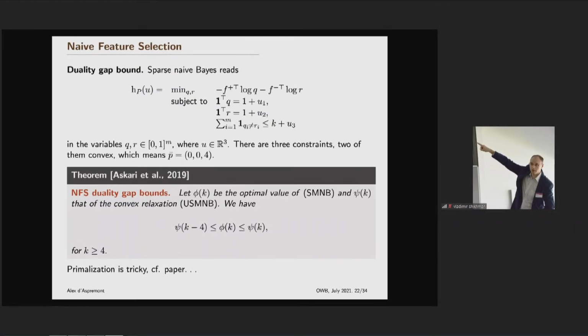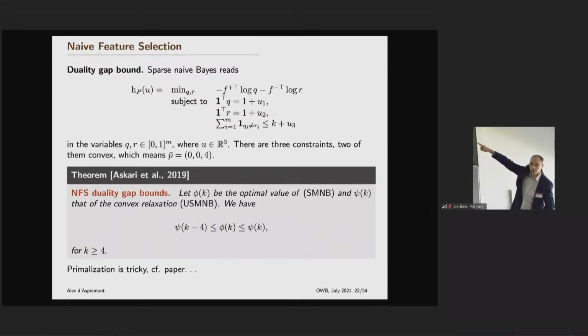And from a statistical perspective, this is fairly intuitive, because the function psi k becomes flat when you're starting to add variables that are useless, right? Because you add a useless variable, the objective of your maximum likelihood problem is not going to change that much. The function will sort of plateau. And when that function psi k plateaus, basically you know the relaxation is tight.